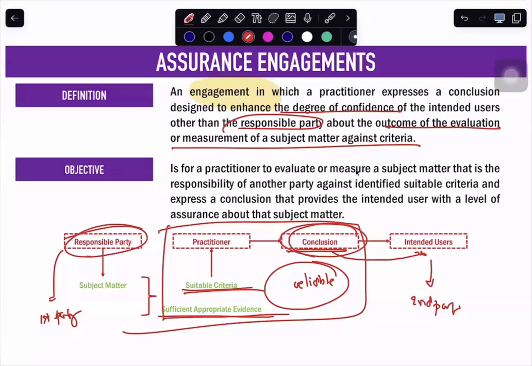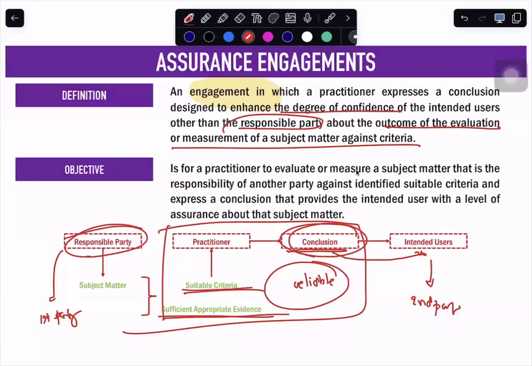But together with the subject matter, the practitioner provides a conclusion. Again, this is what we said a while back as to the reliability of what had been asserted by the responsible party or the first party. So with this conclusion, the practitioner enhances the degree of confidence over what had been asserted by the responsible party.